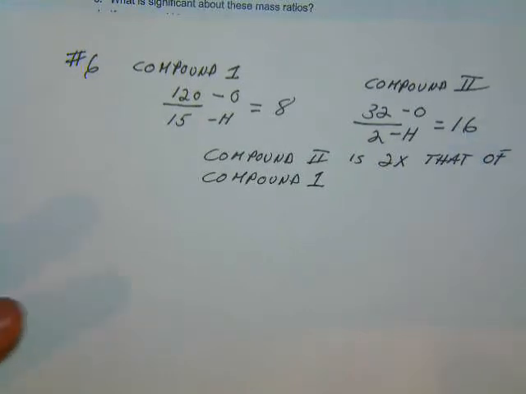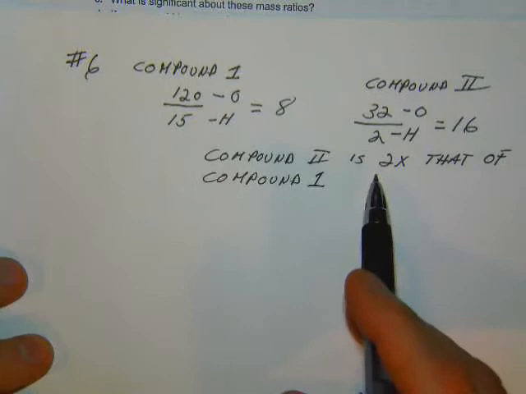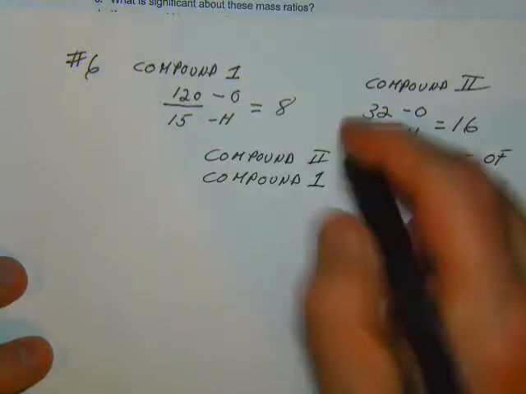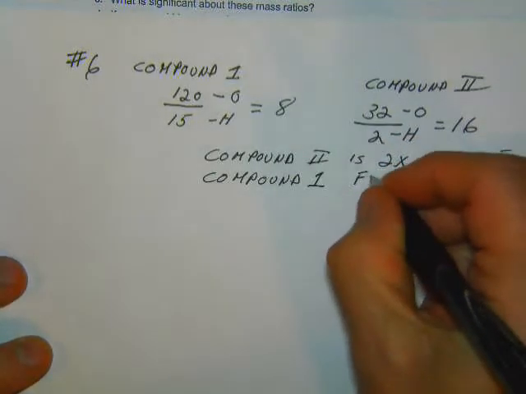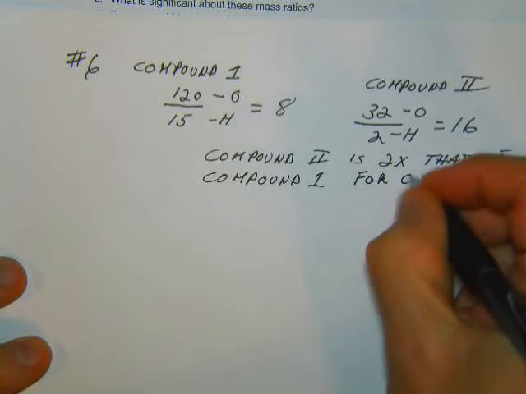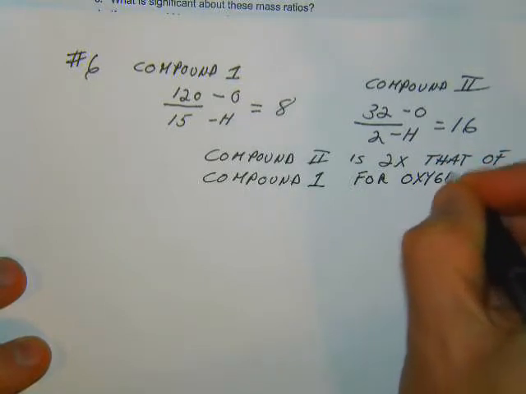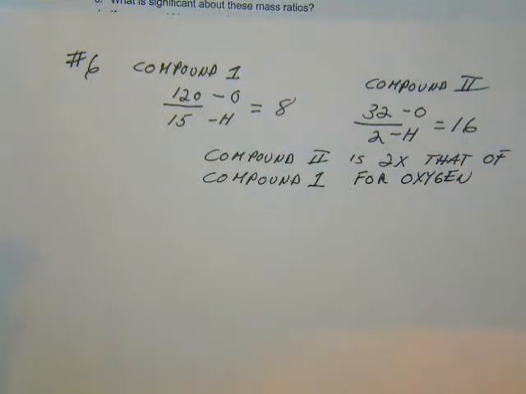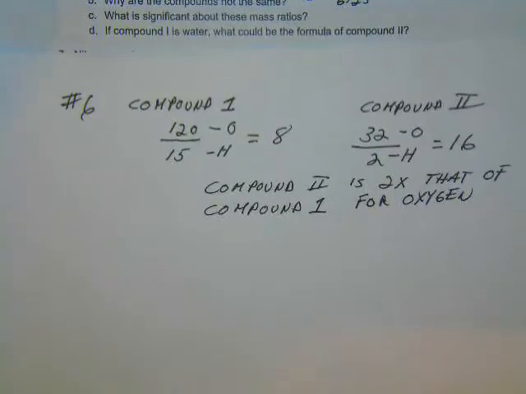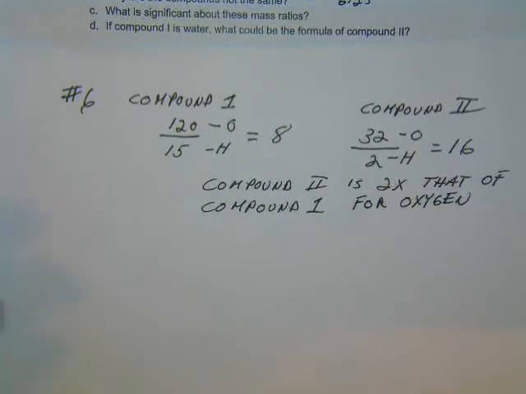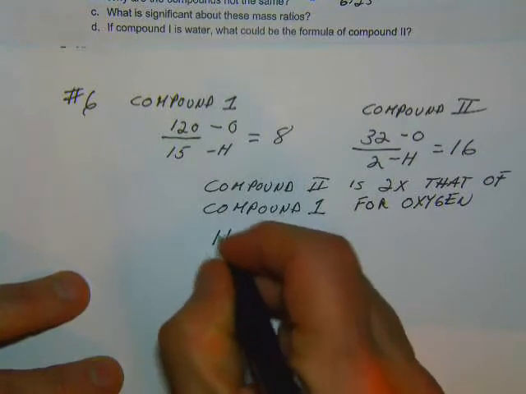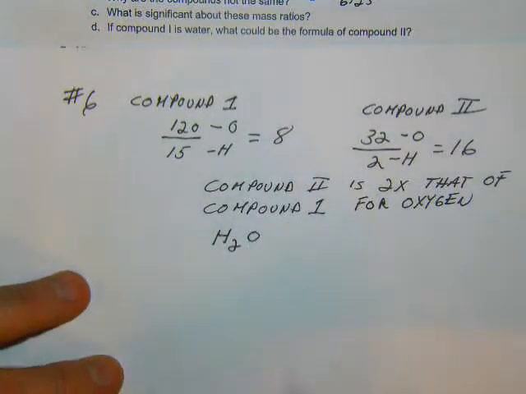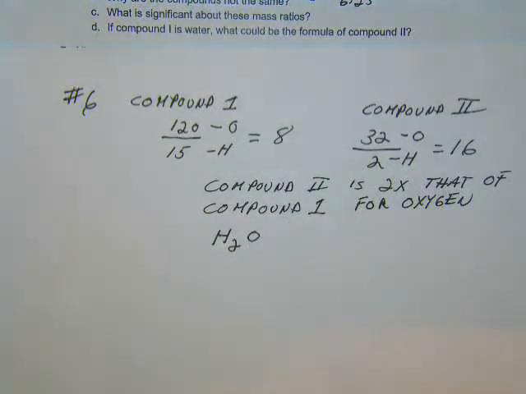Again, as we talked about, compound 2 is twice that of compound 1 for oxygen. So no biggie there. If compound 1 is water, and water is H2O, what could the formula of compound 2 be?